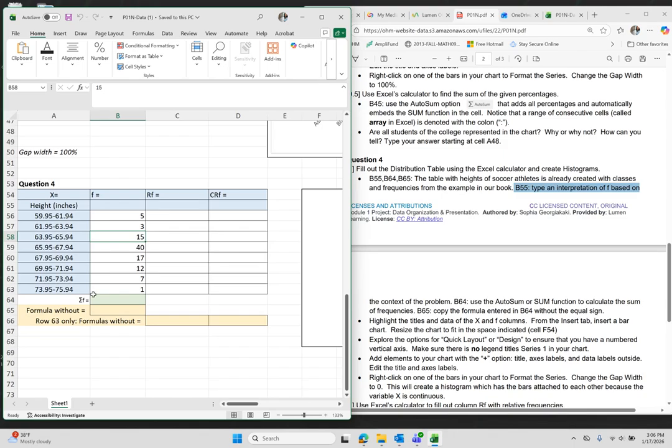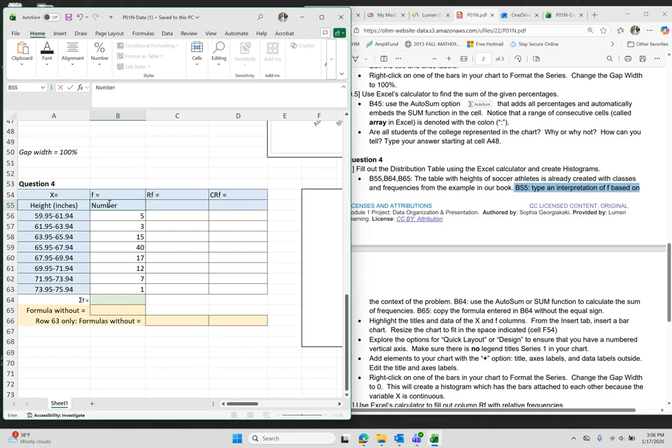So here are the heights, and they want us to explain what the frequency is. The answer should not say frequency. Frequency doesn't mean anything to anyone other than the statistician. So we want to explain to the audience, the people who will be reading this table, what that might be.